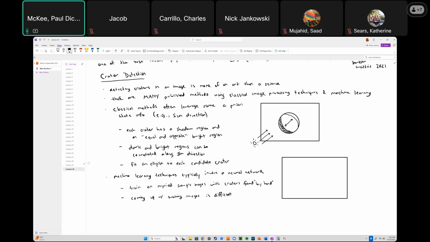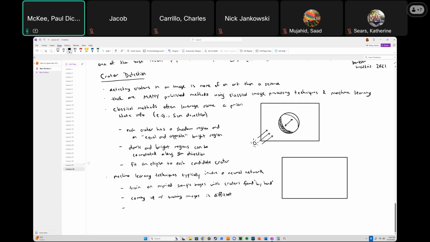It ends up being easier to render images of the moon, to say, I'm going to create a 3D model of the surface of the moon, and I'm going to render the moon for a given initial latitude, longitude, altitude, and viewing direction. But then now part of your whole pipeline for crater navigation is image rendering. You've kind of added a fifth step, which is no small feat either. That's its own whole bag of worms.